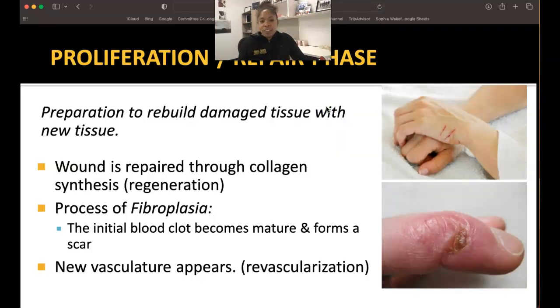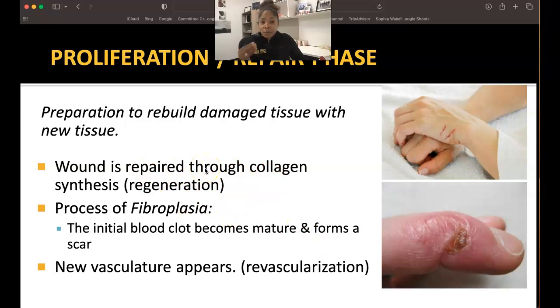So the proliferation phase, or the repair phase, is most often visible from an external perspective. If we have a wound, we'll start to see a scar. But if the injury occurs internally to tissue, to bone, what we'll start to see is new tissue laying down if we were to look at it from maybe an MR perspective, right? So what we see in the repair phase is the wound is going to be repaired.